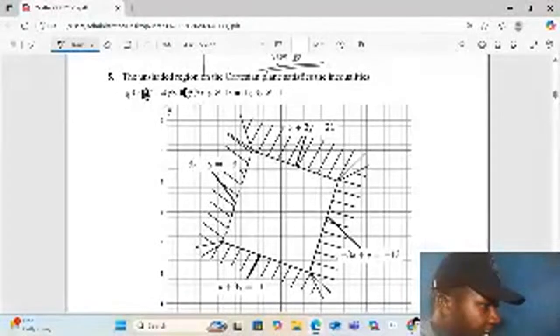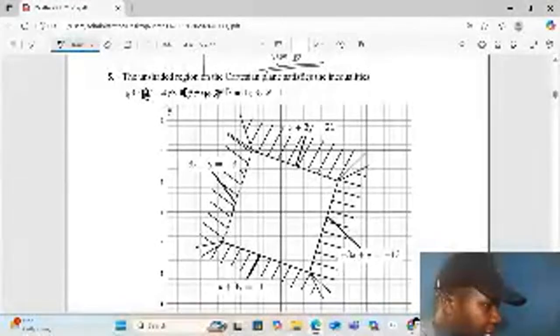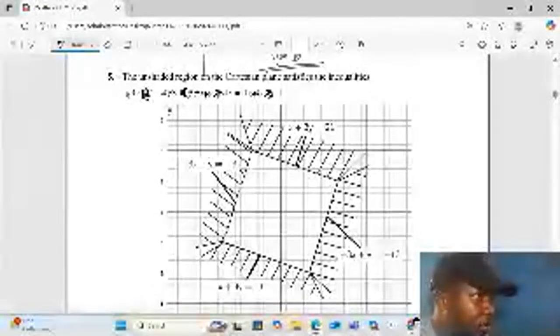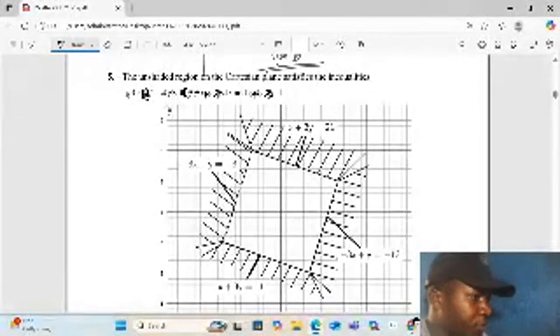Then you have minus 3x plus y greater than or equal to negative 13. And x plus 3y, I think the signs were omitted, x plus 3y is greater than or equal to 11.